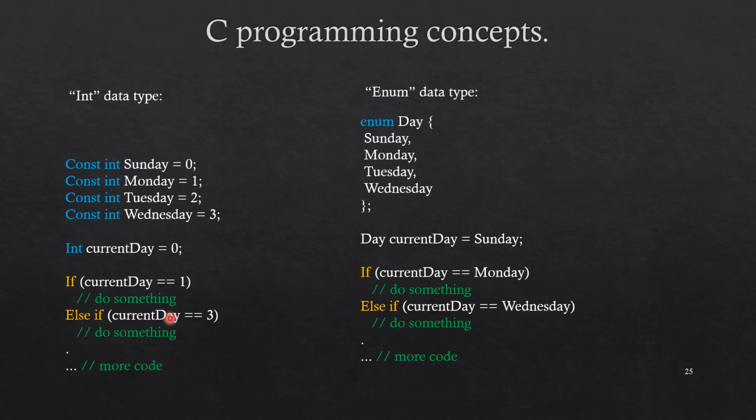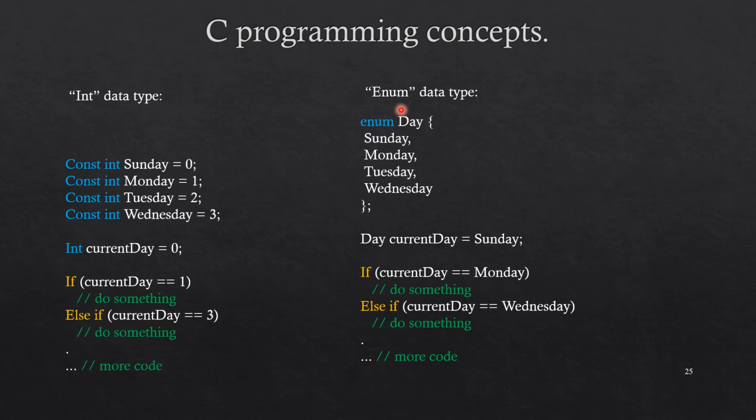Now, the alternative is to use enum data type, and enum is similar to the integer but using names as numbers. This will define your own data type by using the word enum, and then you use whatever word you like. This word would be the name of the data type.